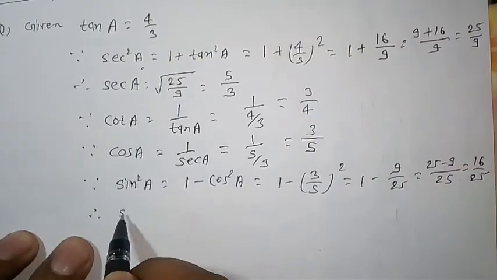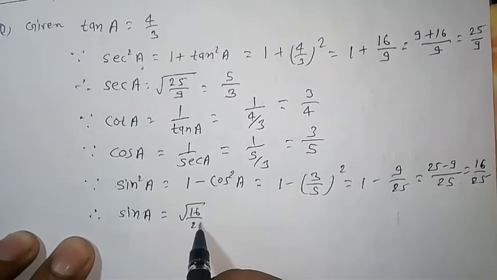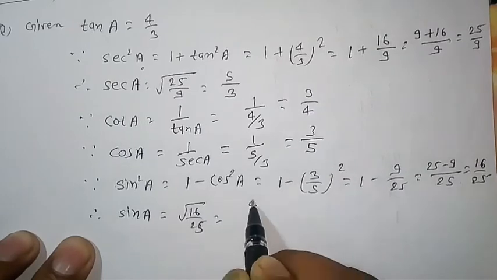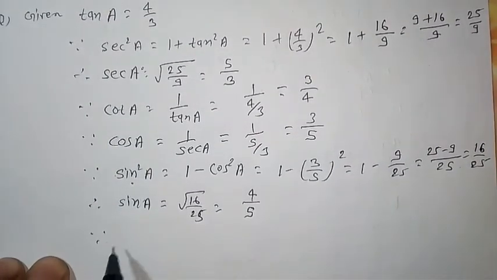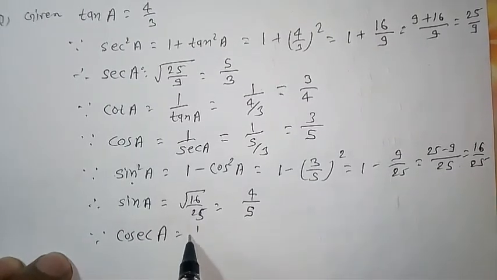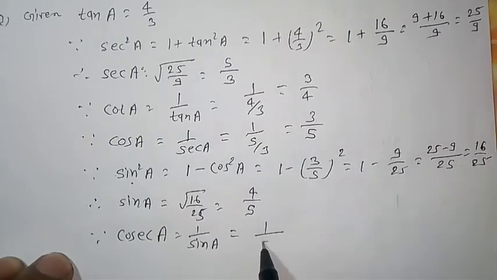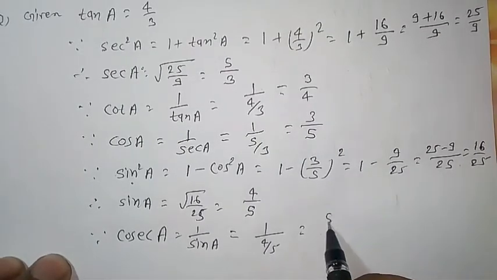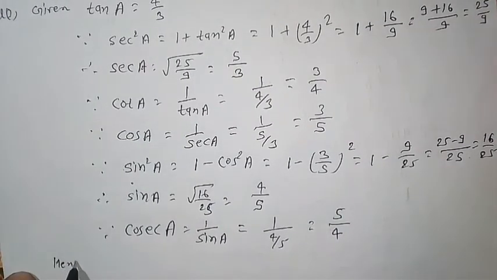Therefore sin A is equal to root under 16 by 25, is equal to 4 by 5. Because cosec A is equal to 1 by sin A, is equal to 1 by 4 by 5, is equal to 5 by 4.